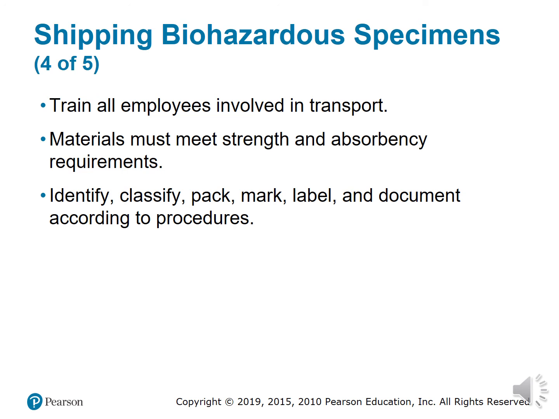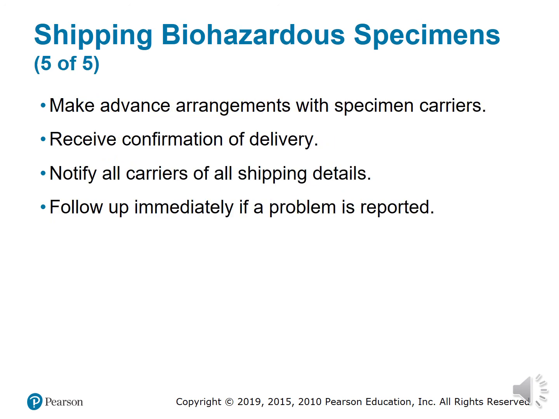Identify, classify, pack, mark, label, and document according to procedures. Make advance arrangements with specimen carriers. Receive confirmation of delivery. Notify all carriers of all shipping details. Follow up immediately if a problem is reported.